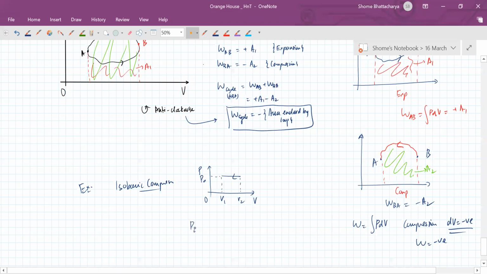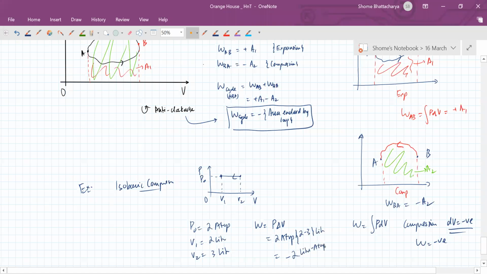So suppose we have P naught equal to 2 atmospheres and V1 equal to 2 liters and V2 equal to 3 liters. So यहाँ पे work done क्या हो जाएगा? P delta V. So that is 2 atmospheres, but into 2 minus 3 liters, na? Because we are going from this point to this point. So it will be, as you can see, it will be minus 2 liter atmosphere.